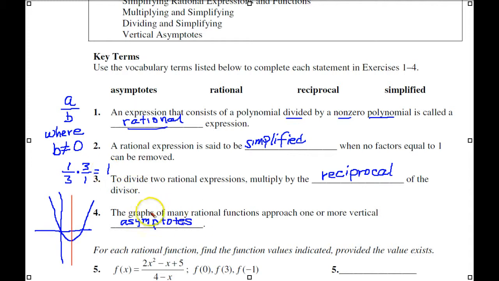And then the graph of many rational functions approach one or more vertical asymptotes. So here would be a parabola, and then this line right down the middle. Actually, it's called the axis of symmetry here, but that would be an asymptote as well. Okay.